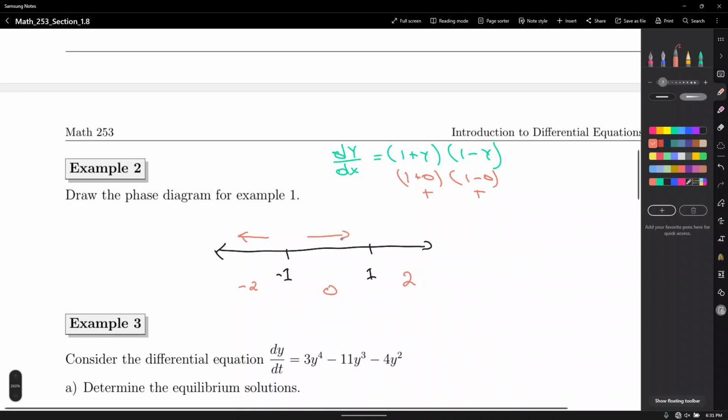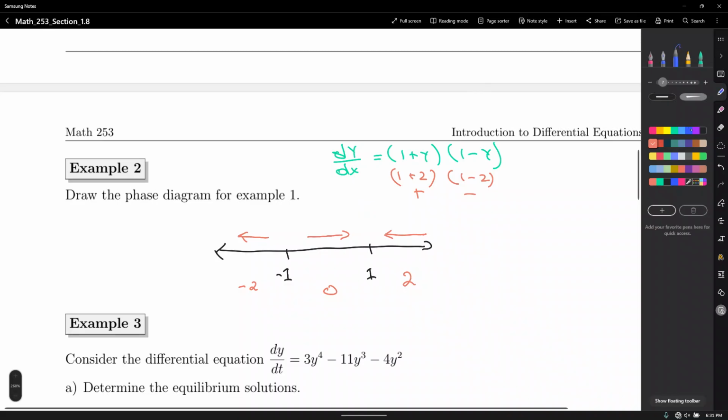We represent positive with an arrow pointing to the right. Let's repeat the process for 2. 1 plus 2 times 1 minus 2. 1 plus 2 is positive, 1 minus 2 is negative. This is going to be negative, which is represented by an arrow pointing to the left.